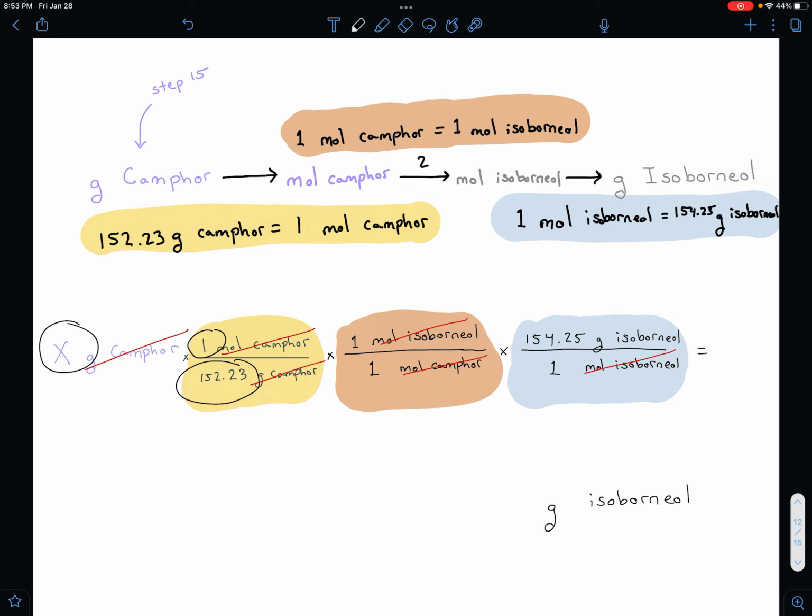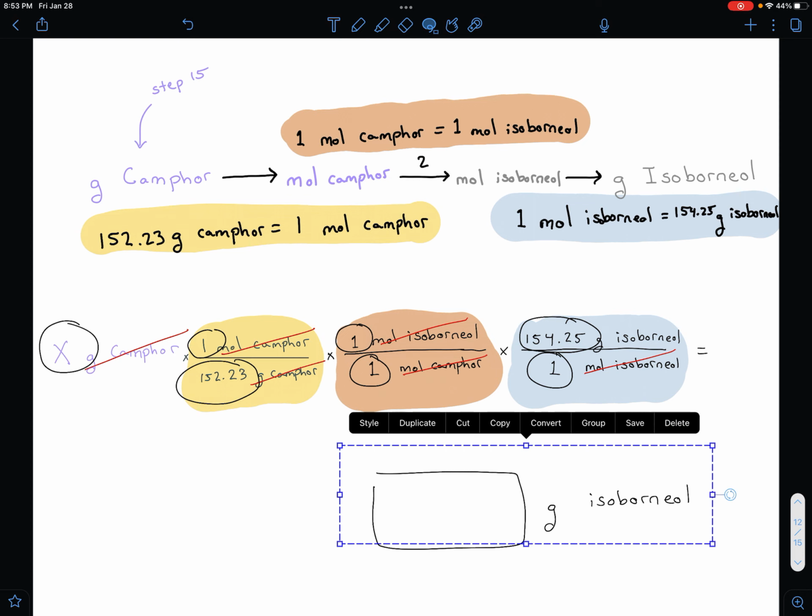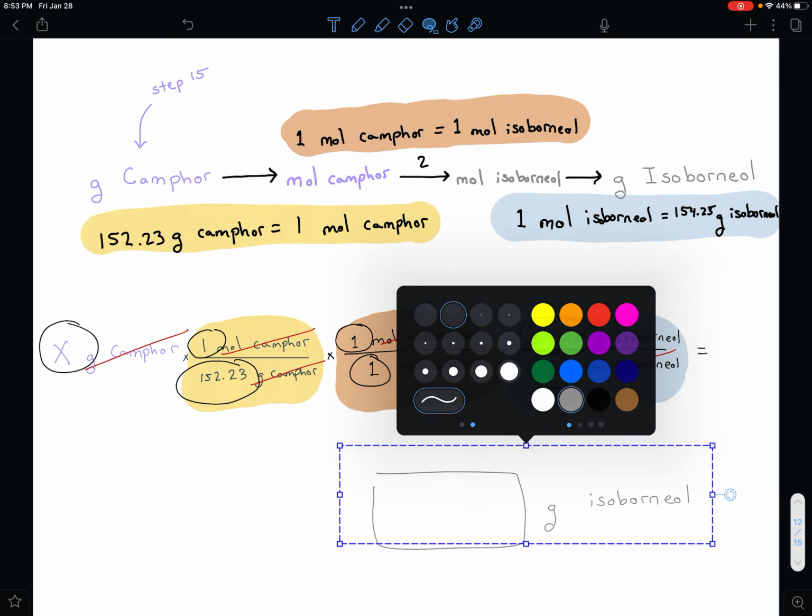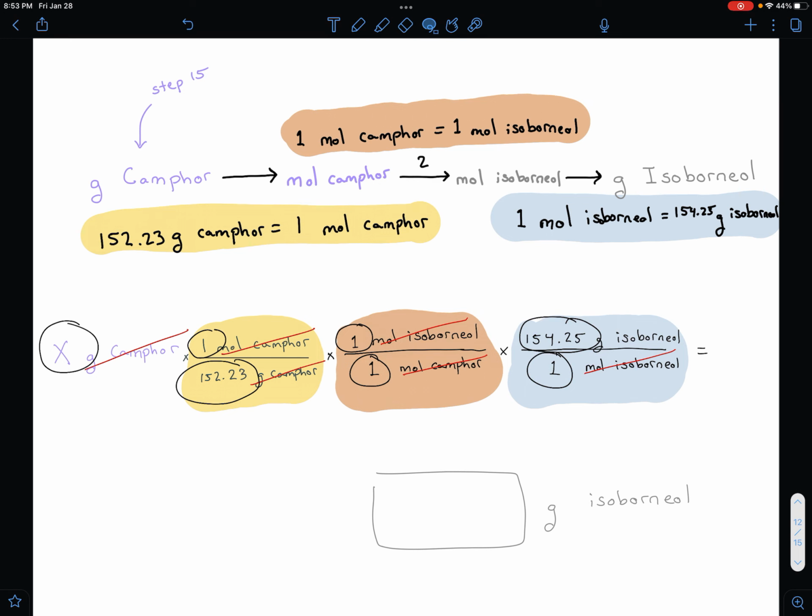Divided by 152.23, enter. Times 1, enter. Divided by 1, enter. Times 154.25, enter. Divided by 1, enter. And that should give you your theoretical yield. So that is your theoretical yield.